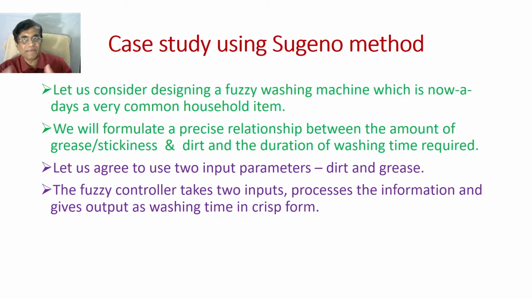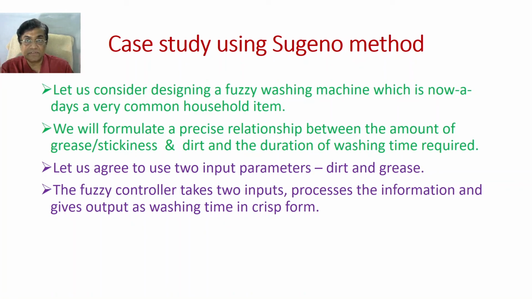So the design will be done offline. The design will be done with my available data from the manual washing machine. When we ran it, we collected a lot of data, and expert people will tell me how to write the rules. So everything will be in the design phase.